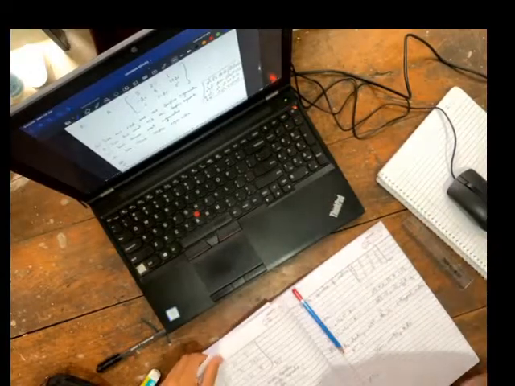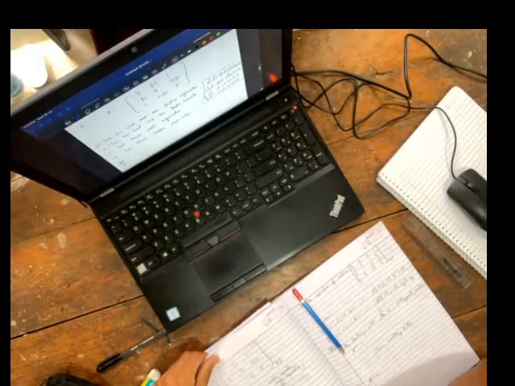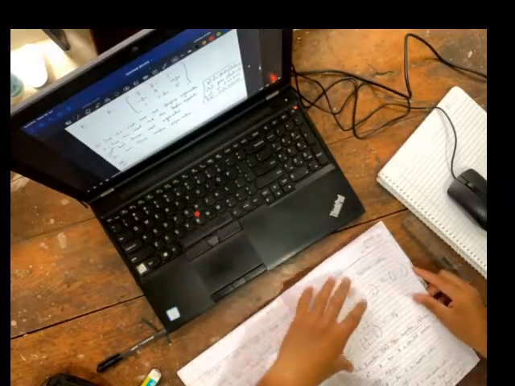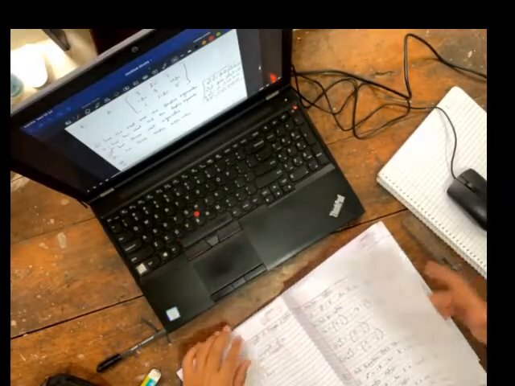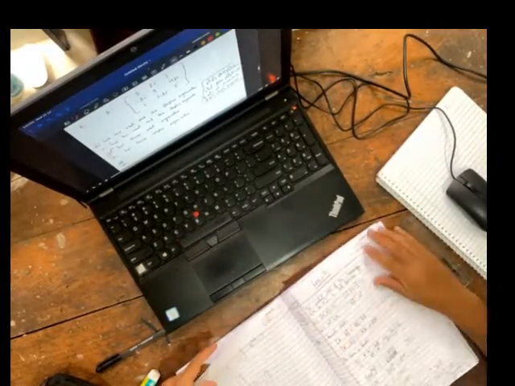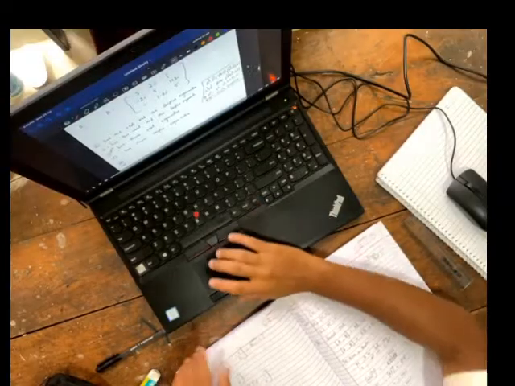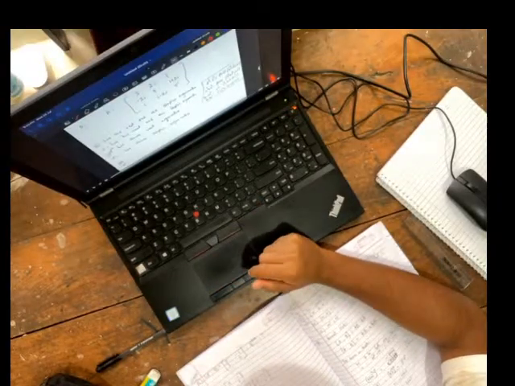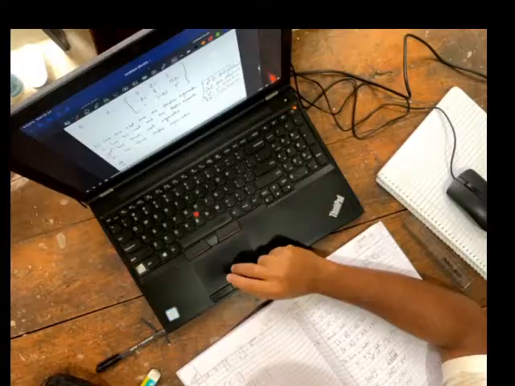Fardeen is also saying, yes, it's a Hermitian matrix, so it ought to have all three eigenvalues as real. So which option is correct? C option is correct. Everybody understood? Very simple logic is Hermitian matrix. Yes, sir. Okay.